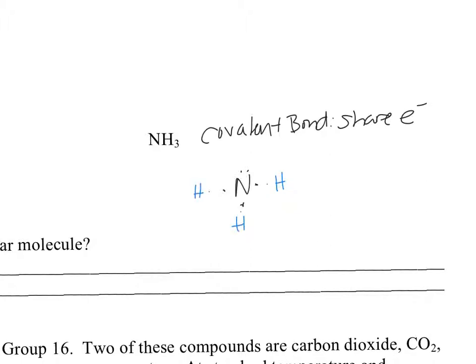Okay, and then I'm going to share. I'm going to circle my unpaired electrons, and each one of those circles becomes a bond. So I have N with the 2 valence electrons, my H's all around, and my bonds. All right.